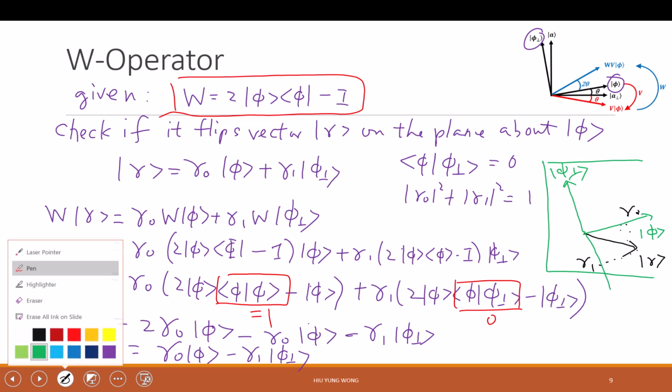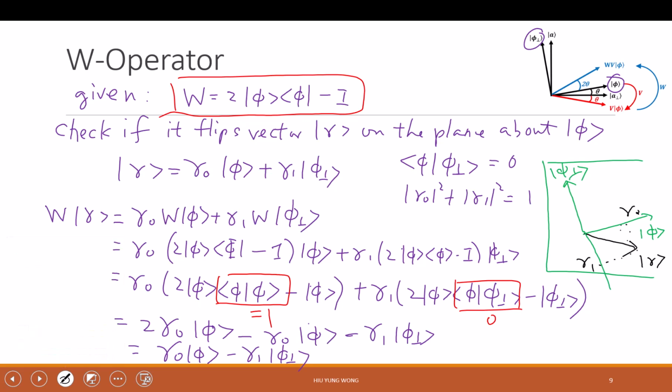And then what happened after rotation? It becomes this vector when I apply W to gamma. It still has gamma 0, but it becomes negative gamma 1. It doesn't matter.